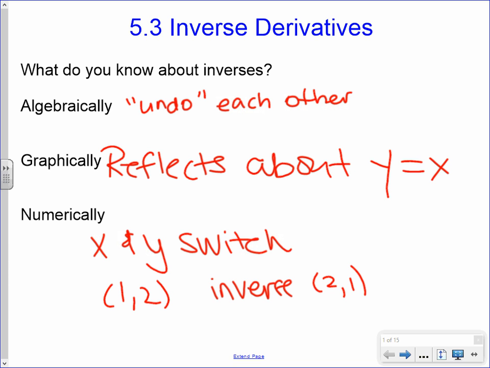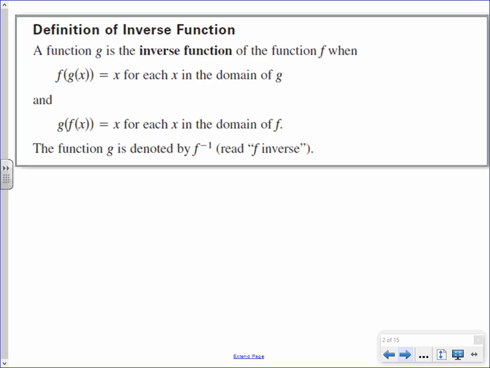Okay, so the first thing, let's talk about algebraically. Algebraically, inverses undo each other. If you remember back to Algebra 2 and pre-calculus, this is how inverses were defined. F of g of x equals x, and g of f of x equals x. Where you put one function inside of the other, and they undo each other, so you are just left with x.